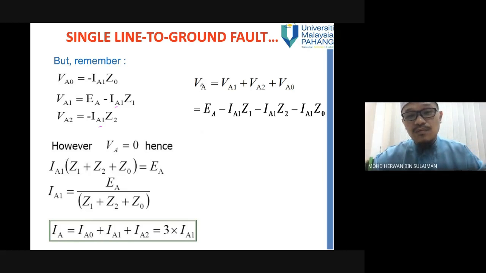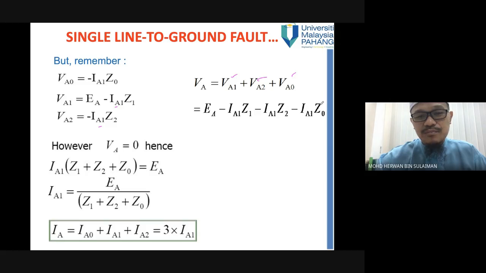the signal voltage is the summation of the positive, negative, and zero sequence, right? So you just add all these things. So you get EA minus IA1 Z1, IA1 Z2, IA1 Z0.